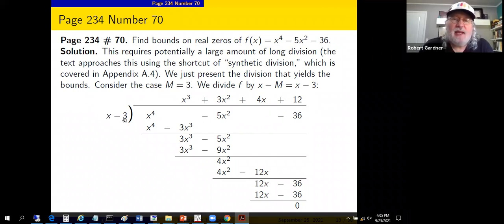We're going to divide this by x minus 3, and we'll find out we get this for the quotient, and we get a remainder of 0. So we've got the quotient function here. Anything catch your eye? All those coefficients are positive. Catches my eye. So all positive coefficients, and the remainder is 0.